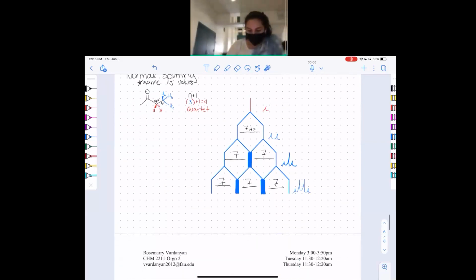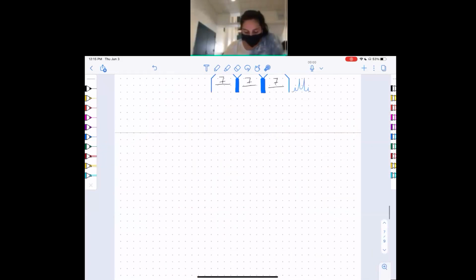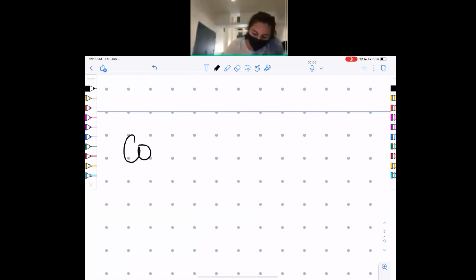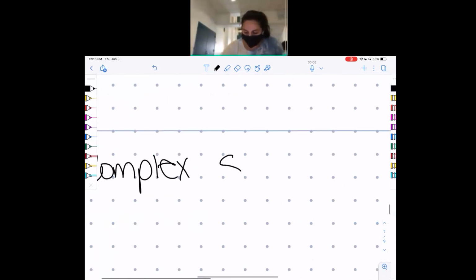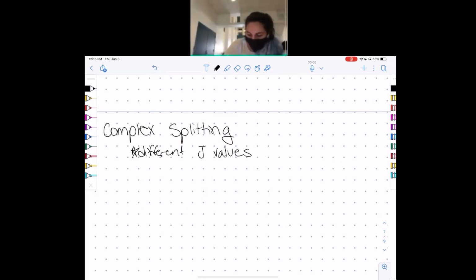All right, so let me make another page because your girl writes largely. Alrighty. So complex splitting is when we have different J values. Gasp. All right.